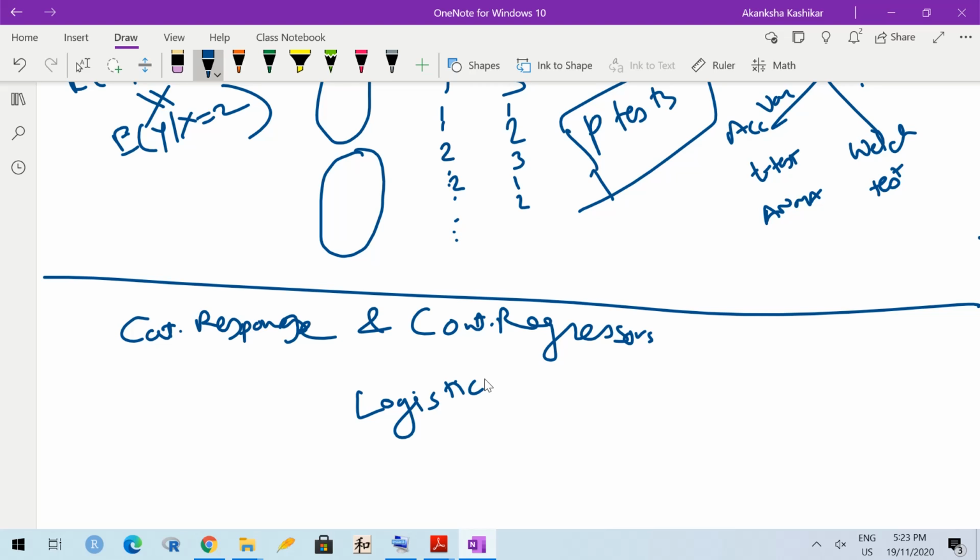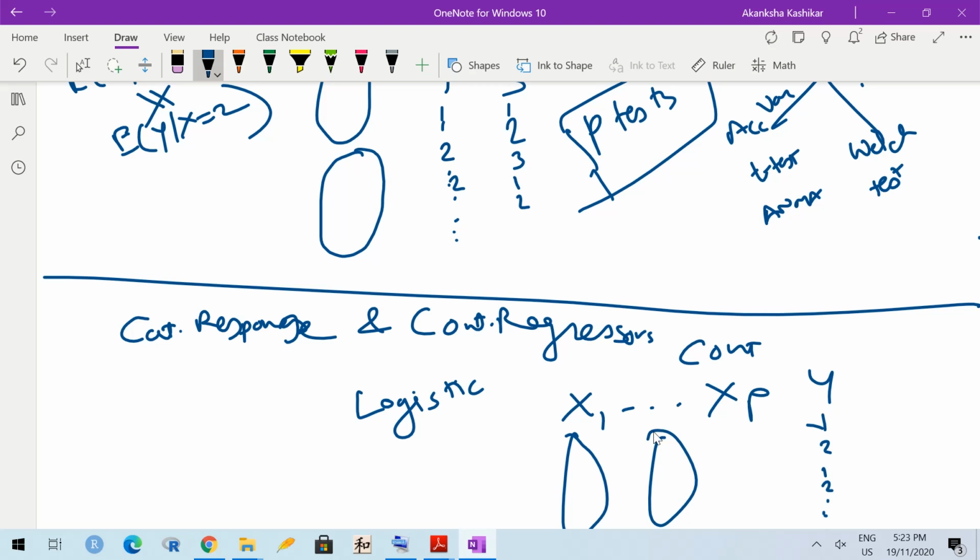Another option is again going with a t-test or ANOVA. Now you have x1, x2, up to xp as continuous and y is categorical. Suppose y takes values 1 and 2, then you carry out a t-test for x1 and see if the mean of x1 is different for the two levels of y. Do the same for x2, and the same for xp, and you retain only those variables for which the difference is significant.